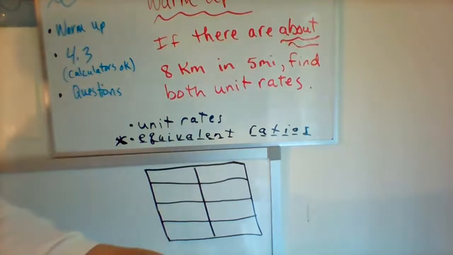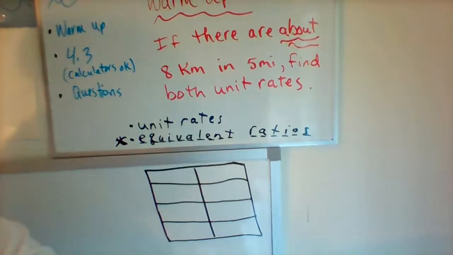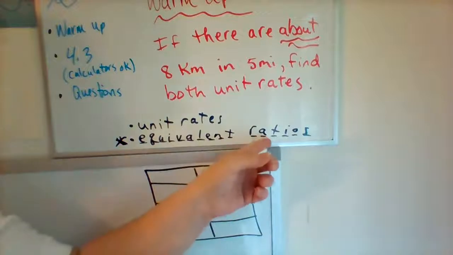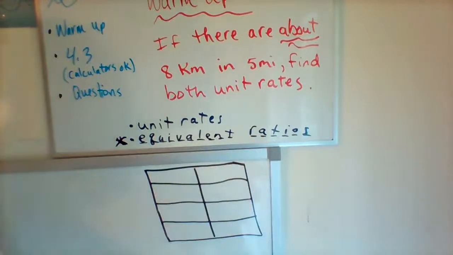What are the 2 units that we're comparing in the warm-up? Because in a table of equivalent ratios, we're supposed to be comparing 2 or more quantities.